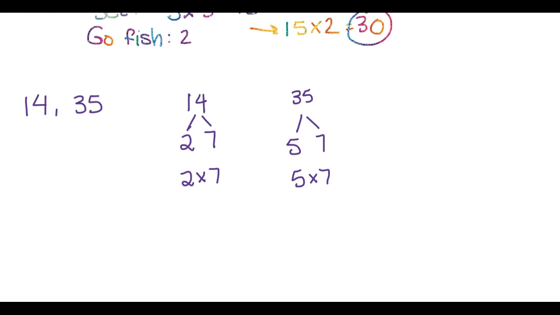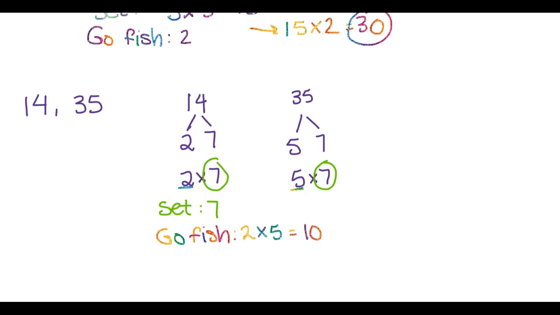Good. 5 times 7. Now I have to figure out which ones match. Which ones are going to line up? Which ones like each other? Oh, look, here's a set of 7s. So my set number, in this case, because I only have one set, is going to be 7. I don't multiply that by anything. Here are my go fish numbers. So go fish, and it is a 2 times a 5, and 2 times 5 is 10.